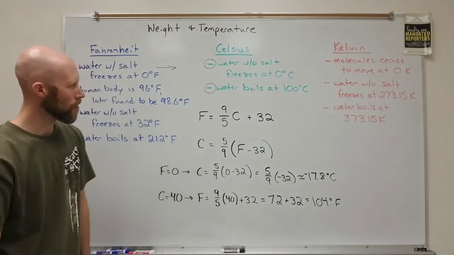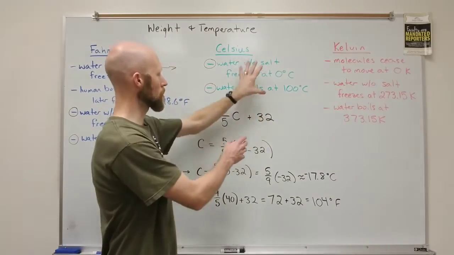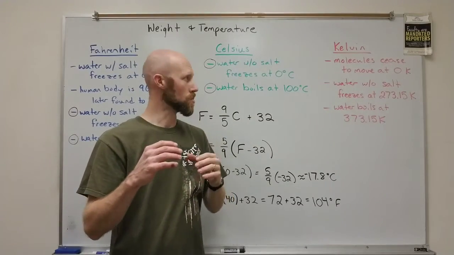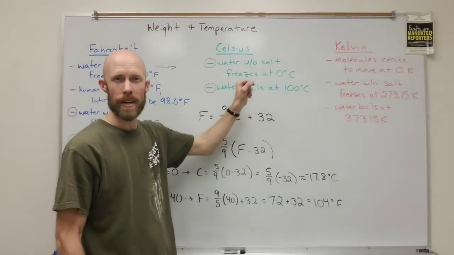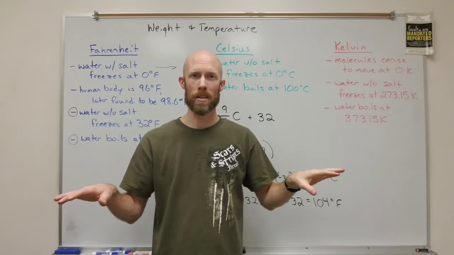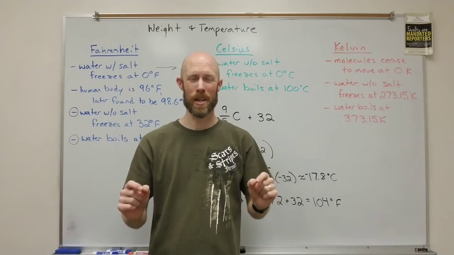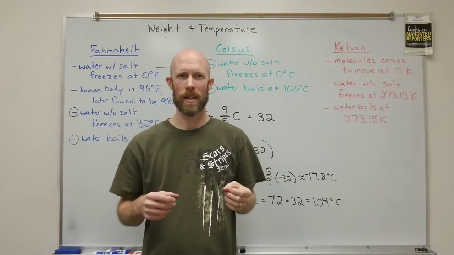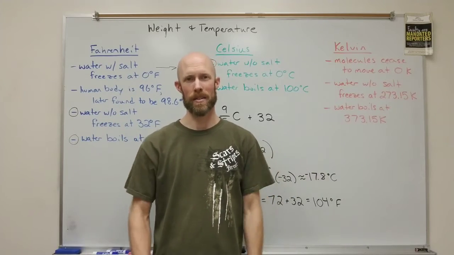Now the Kelvin is interesting because it just basically slides the Celsius scale so that 0 is no longer at the freezing point of water. It ends up being the point at which no molecules move at all. Okay, it's the coldest possible temperature because heat is a measure of the moving of molecules within an object, and the faster the molecules are moving and bouncing around, the hotter the object is.